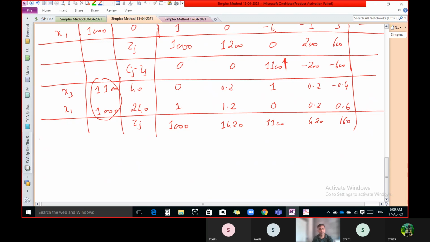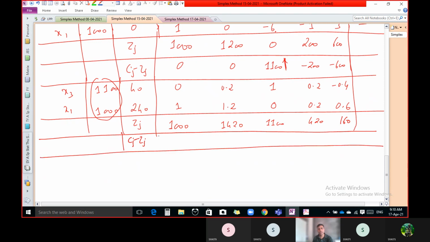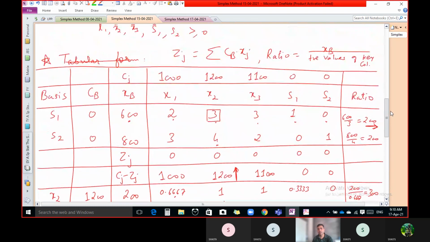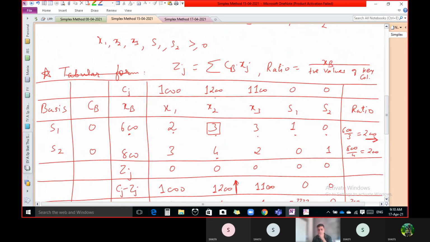Okay, once we have this, now we have to calculate Cj minus Zj. Okay, now how to calculate Cj minus Zj? We already have Cj as well as Zj. So our corresponding values of Cj, these values: 1000, 1200 and 1100, then 0, 0.